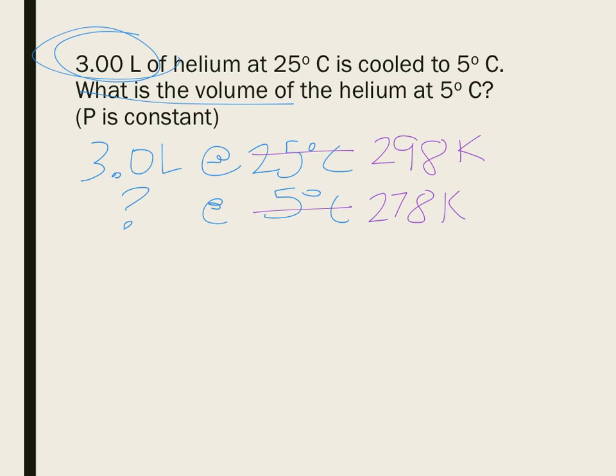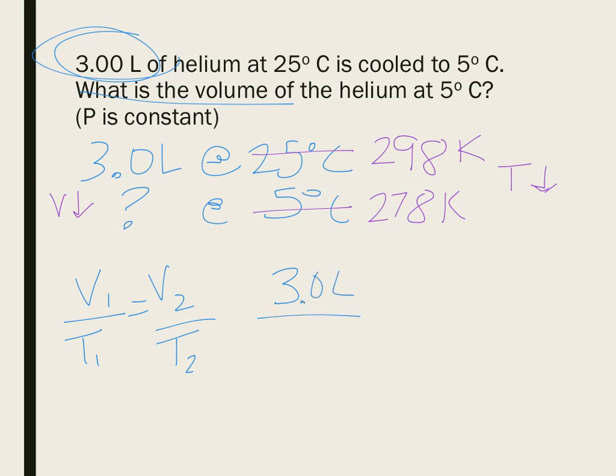Then I can look at my temperature, how it's gone down, so I'm going to predict that my volume should go down. I'll plug it into the formula that I have. My V1 is 3 liters, and my T1 is 298 Kelvin. My V2 is question mark liters.